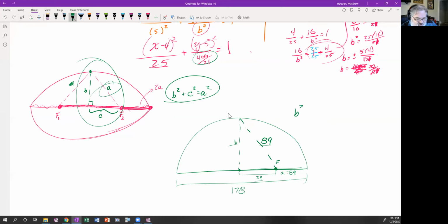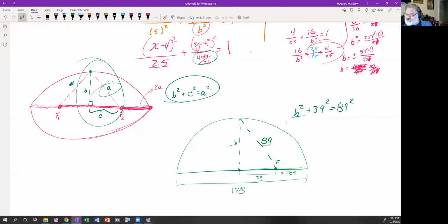And you know that B squared plus 39 squared is equal to 89 squared, and you can solve for B. Once you have that A and B, you could make an equation and do anything you want from there. But we need that Pythagorean theorem relationship for that to work.